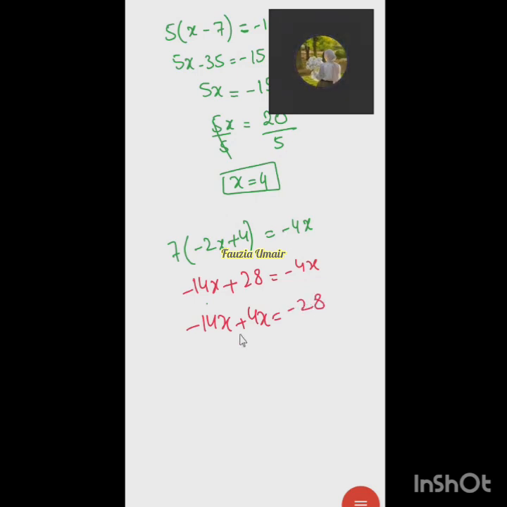Very good. So now minus 14 plus 4 is minus 10x, because the bigger number is minus. Now divide both sides by the coefficient. Is 10 the coefficient of x? No, it's not 10.